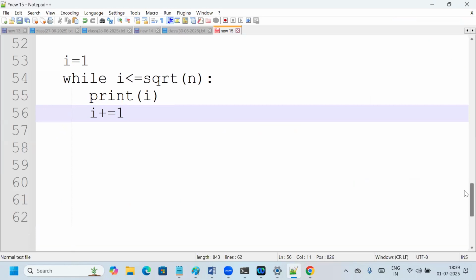What about the square root, that you have to tell guys. What about the square root? Better guys, take the n value in such a way that you are able to find the square root. Keep that n value here. You'll get to know how much the time complexity will be.